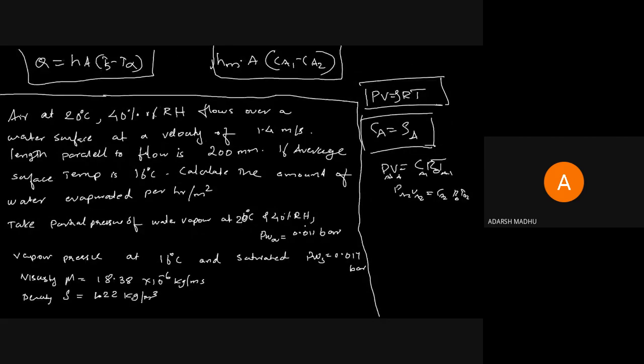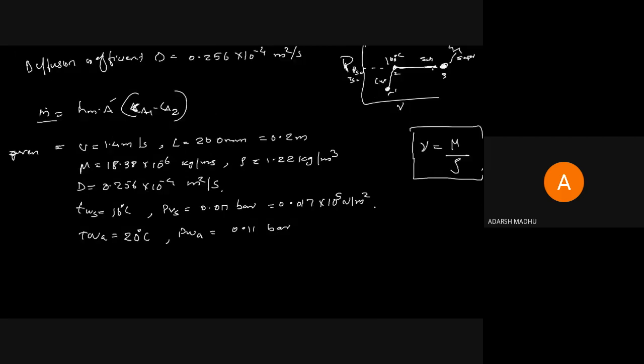Air flows over a flat plate, and the length parallel to the flow is 200 mm. So the x value or L value is 200 mm, that is 0.2 meter.